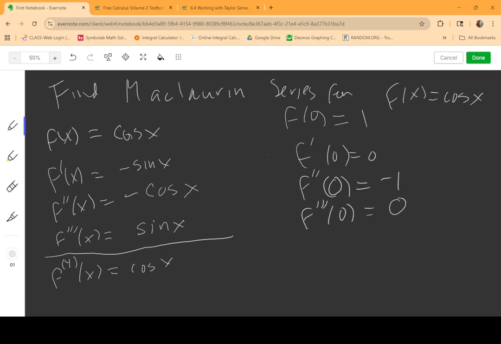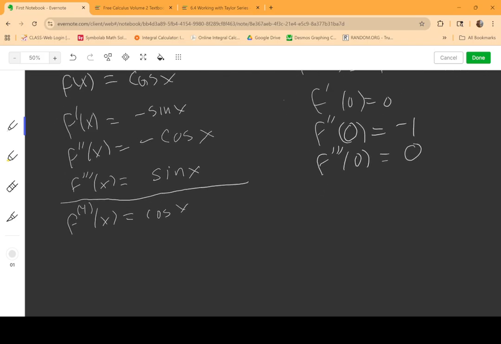So the Taylor series, the Maclaurin series expansion for cosine of x looks something like this: 1 over 0 factorial x to the 0, minus 1 over 2 factorial x squared, plus 1 over 4 factorial x to the 4th, etc. The next one's minus.